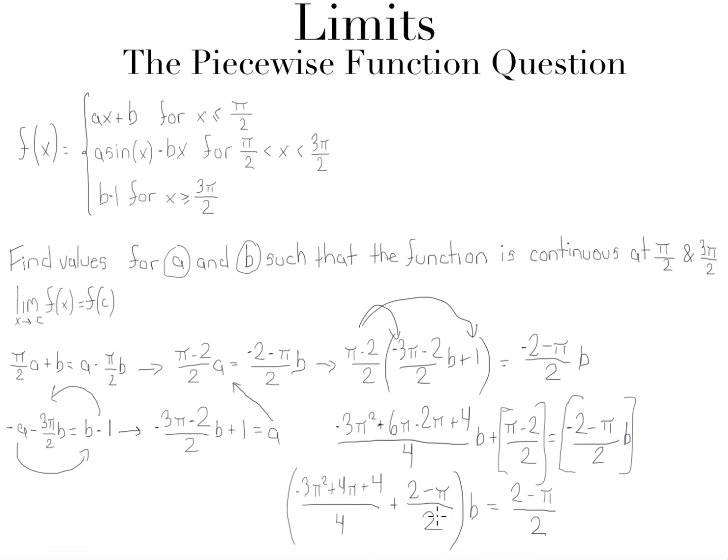And so we can get a value for b by simply dividing this to the other side, which would yield, I'll write it in the corner, b is equal to 2 minus pi over 2, over minus 3 pi squared plus 4 pi plus 4 over 4 plus 2 minus pi over 2.